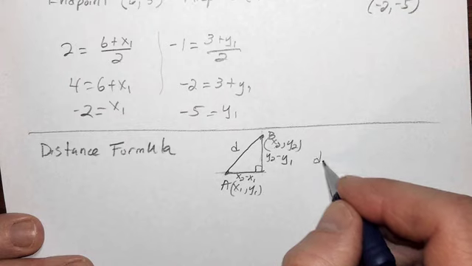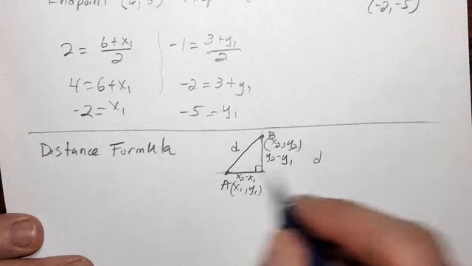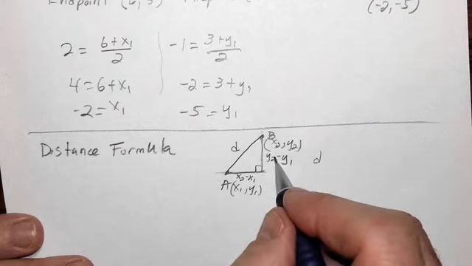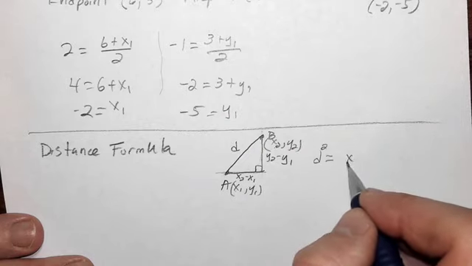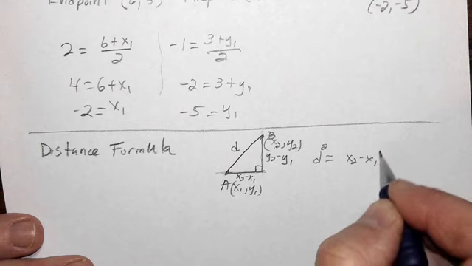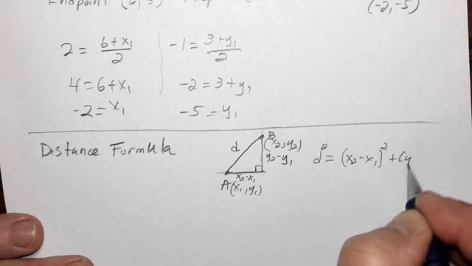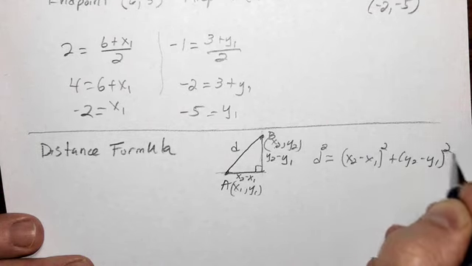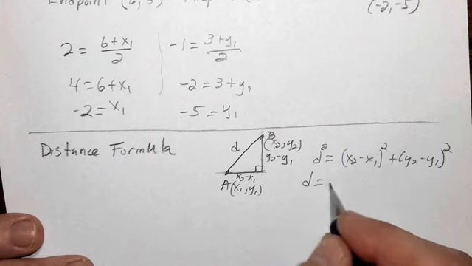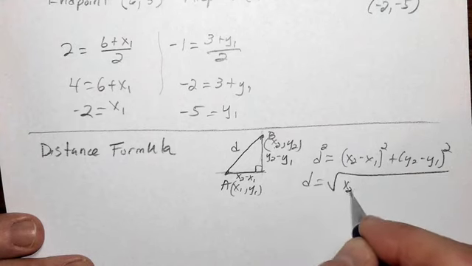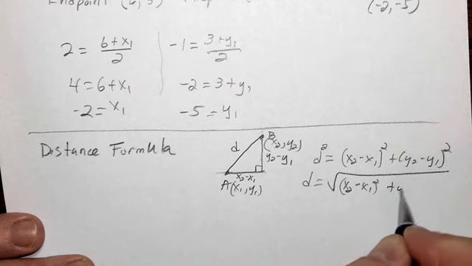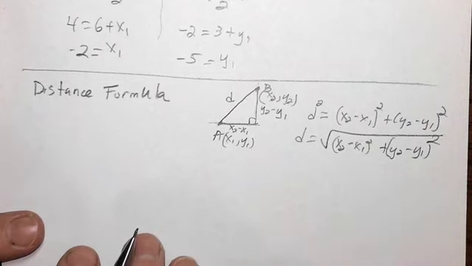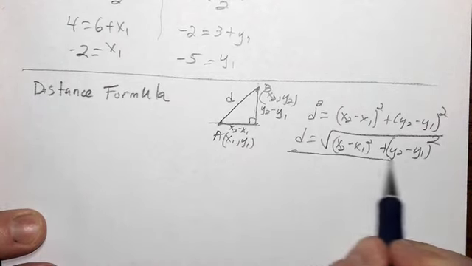Pythagorean theorem says this squared plus this squared equals that squared. So d squared is equal to x2 minus x1 squared plus y2 minus y1 squared. So d then would be the square root of that, plus y2 minus y1 squared. That's the distance formula right there.